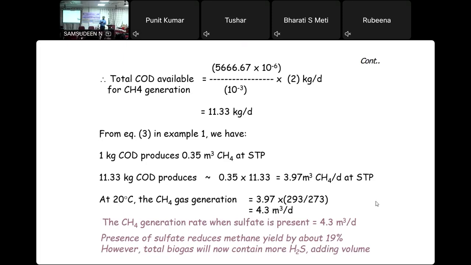That problem is how to calculate your loading rate, solid loading rate, COD loading rate, how to calculate your HRT, SRT. I had a problem set, but it's not there.